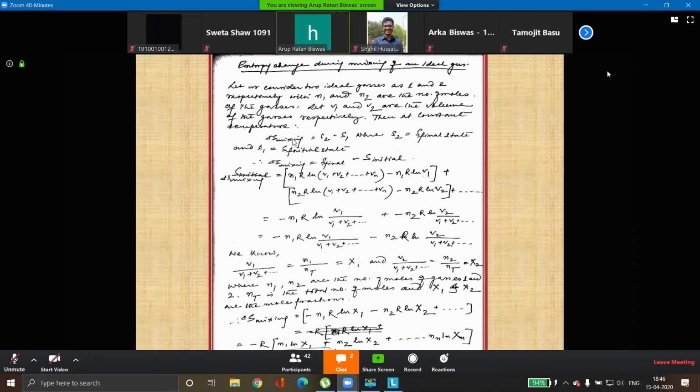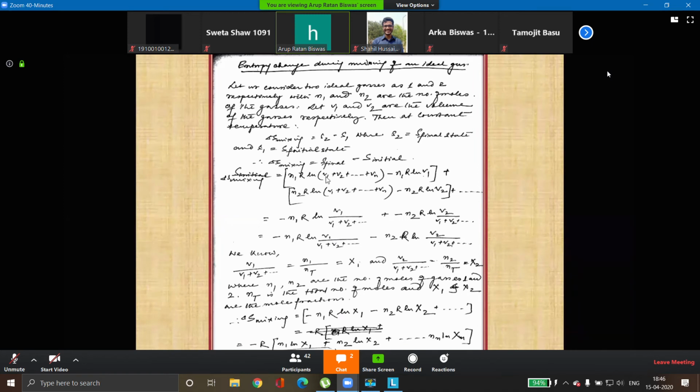So for the mixing of two states, there was one entropy and there is another entropy. So final minus initial. We get delta S mixing equivalent to final minus initial. Now what is final? Suppose N1 is the number of moles of the first gas, into R, the gas constant, ln of V1, V2, V3, up to Vn, the volume changes which have occurred for the final entropy.